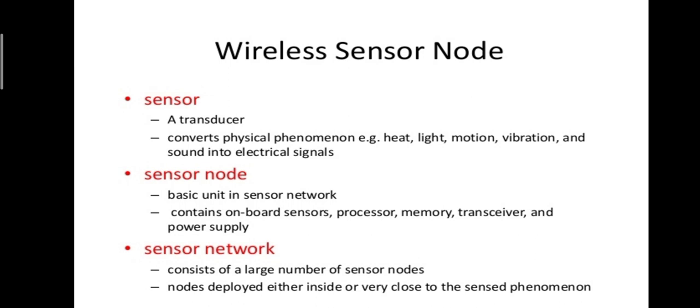Also, they are called multiple detection stations used in sensor networks. They contain onboard sensors, processors, memory, transceiver and power supply. Sensor network consists of a large number of sensor nodes, like we saw in the architecture of wireless sensor networks. The nodes are deployed either inside or very close to the sensed phenomenon.